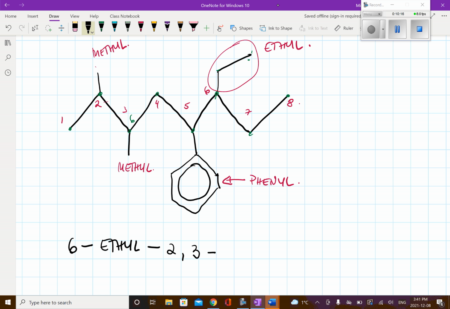Since we have 2 methyl, then we'll go dimethyl. And then on the 5th, we have phenyl. And we have octane, since we have 8 carbons.